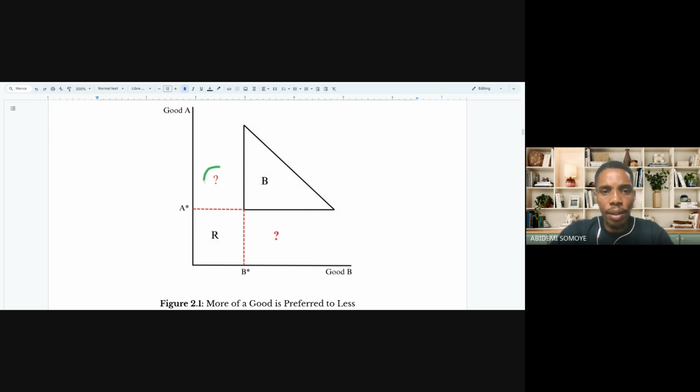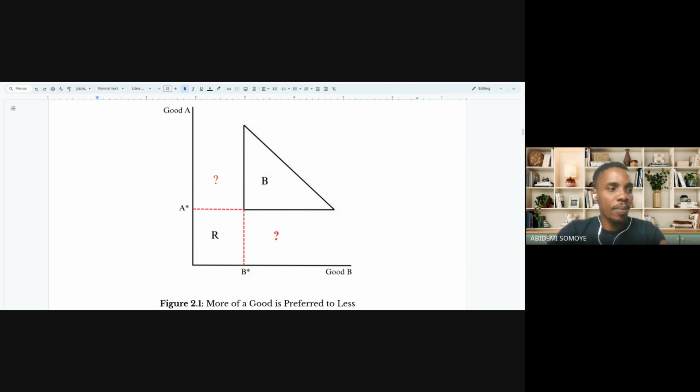What about these areas of question mark? This area of question mark shows you, for example, if you increase A, consume more of good A, and good B remains the same, I can't tell if your satisfaction is increasing.